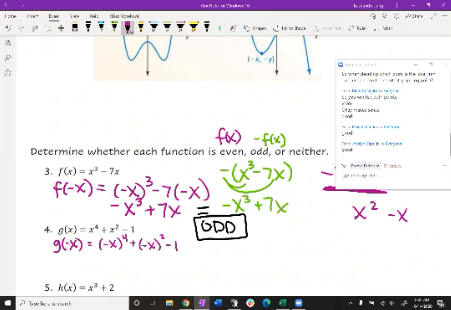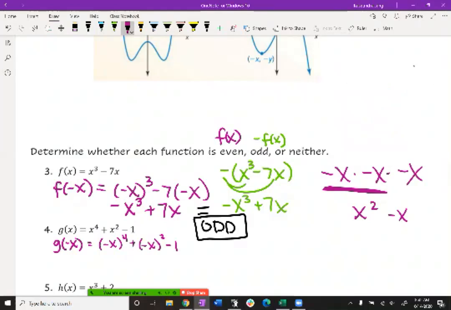Now my negative x cubed, remember I care about like 2 of the negatives together gave me a positive x squared, but then I had this leftover. If I have a negative x to the 4th, to the 4th means I've got like 4 of these negative x's multiplied together.